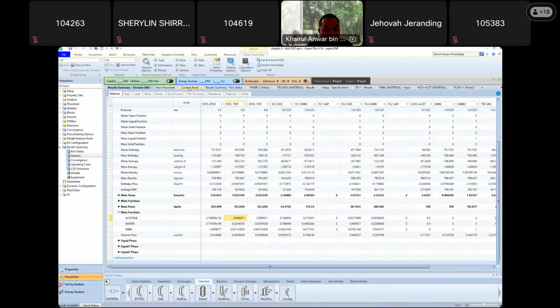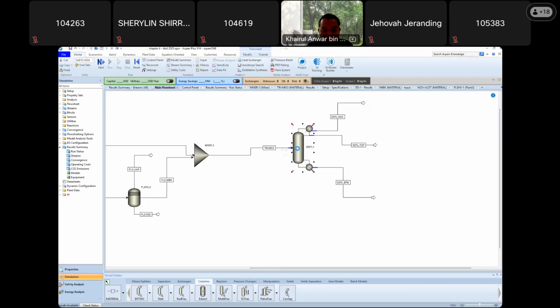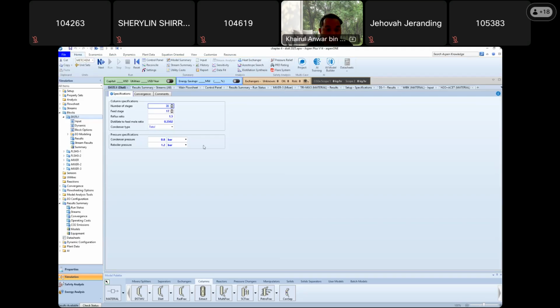So the difference is you see a lot of input compared to the previous.